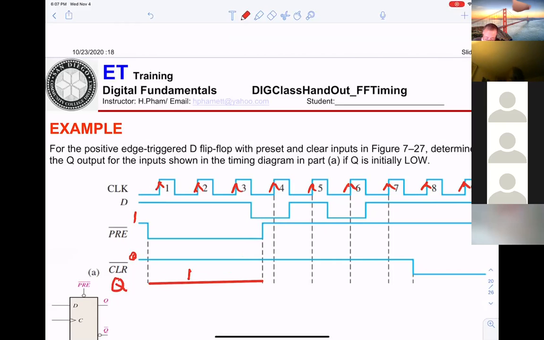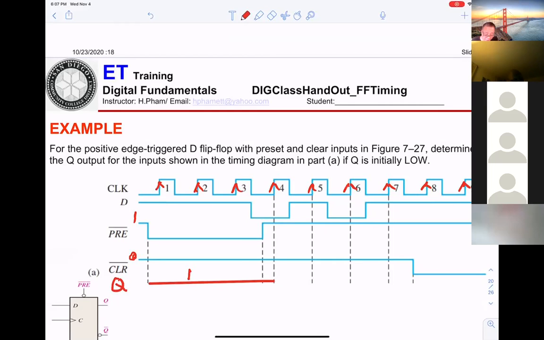Right, up to number 4, right here. Okay, they have to be 1 up to the transition.